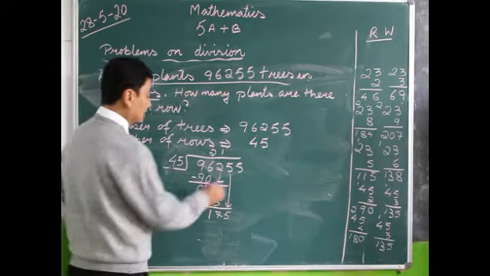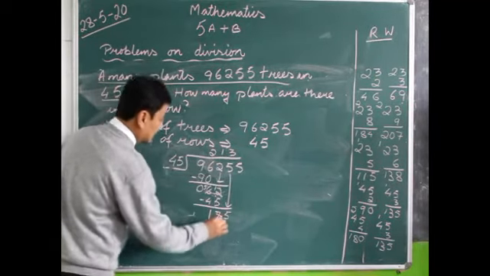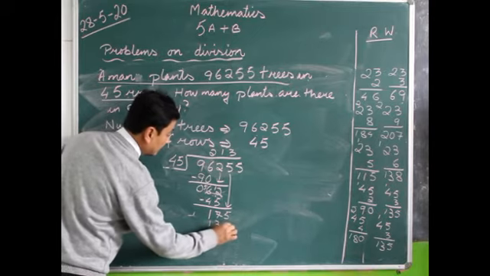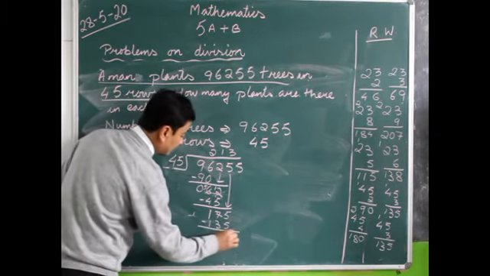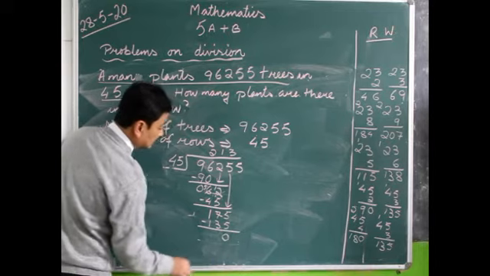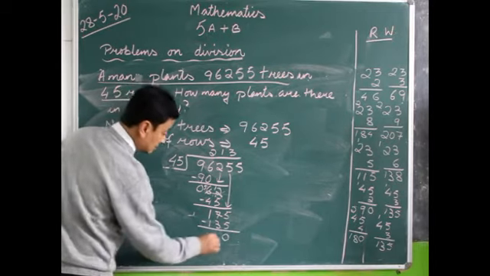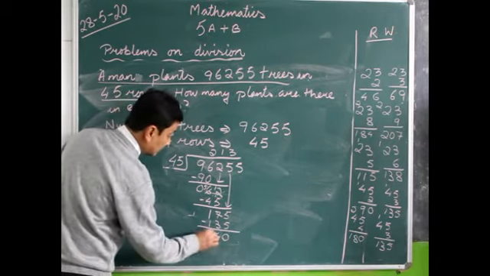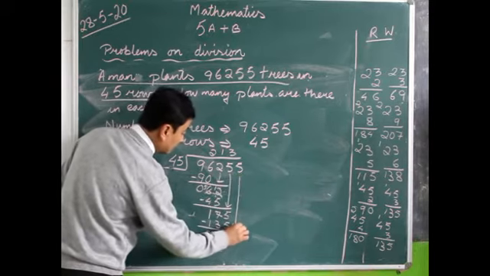Good, we can put that. So how many times? 3 times. 135. 5 minus 5, 0. 7 minus 3, 4, 0. Bring down 5.